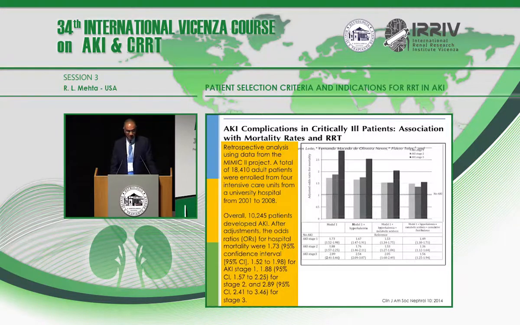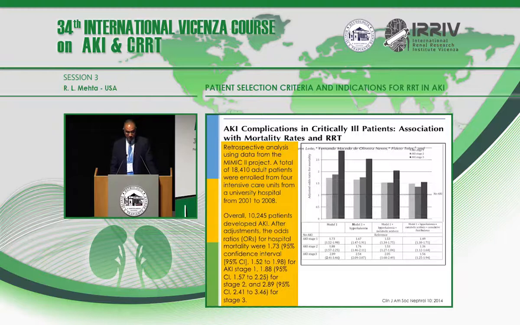As you can see, as you went from a stage 1 all the way to stage 3, the mortality risk goes up. When they looked at this model and asked the question of those patients who required renal replacement therapy, here's the stages, here's no AKI as the reference, here's AKI stage 1, stage 2, and stage 3, and if you look at the crude mortality rates based upon the distribution, there's clearly an increased hazard ratio.